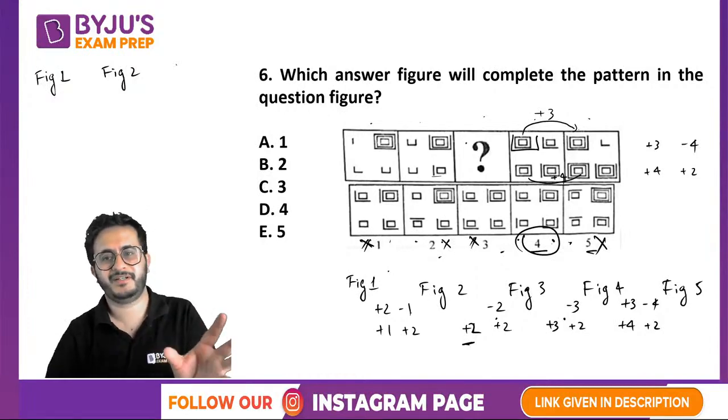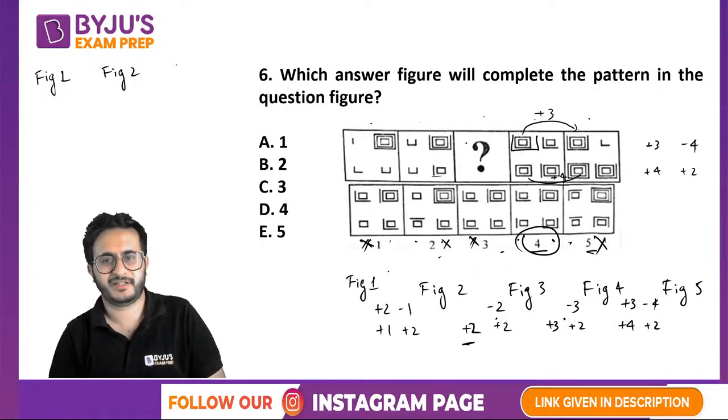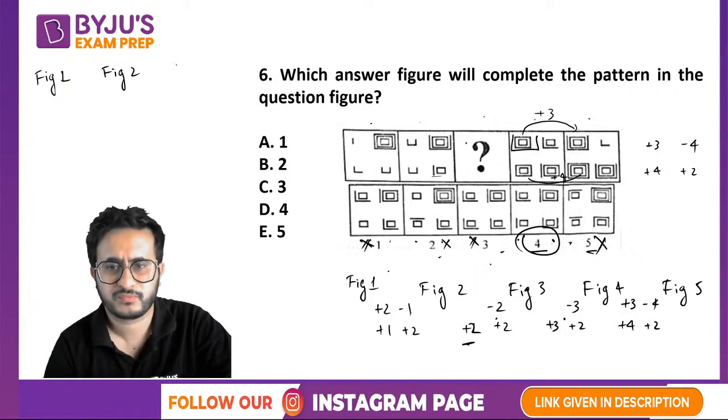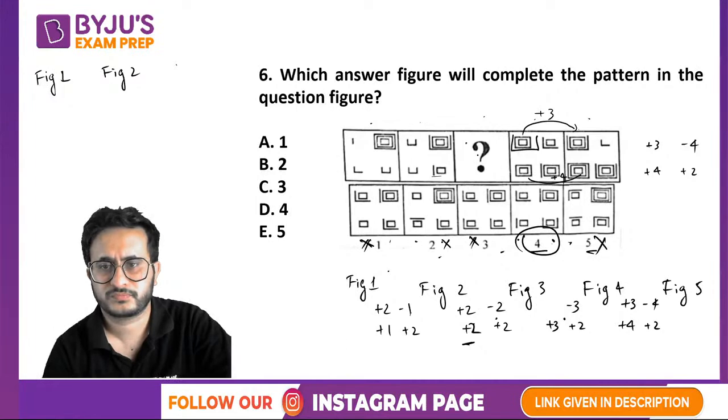Okay, so it's a difficult one, right? Sometimes it becomes quite challenging to solve such ones. And what will happen to this? This will be +2, and from here to here it will be +2 again. But why +3 in this scenario?